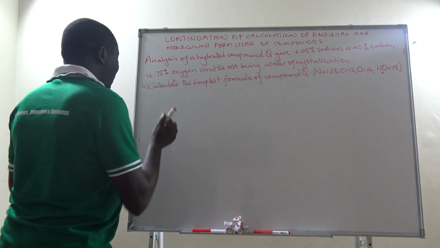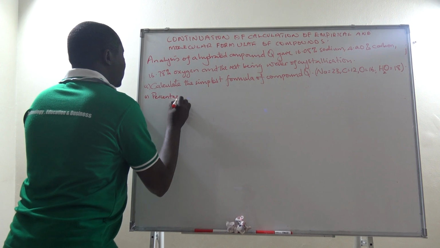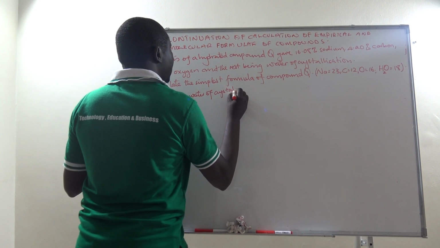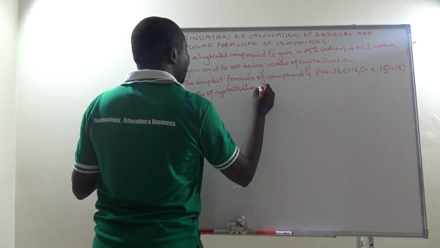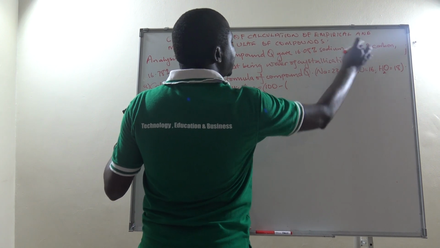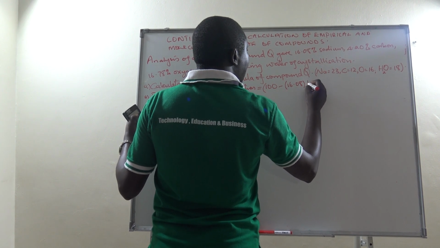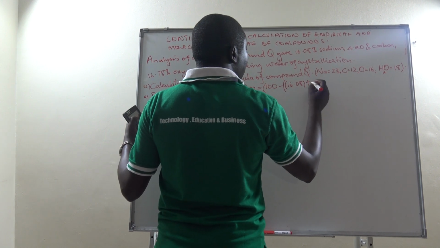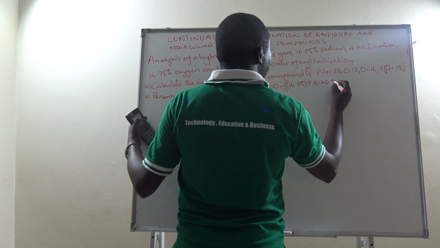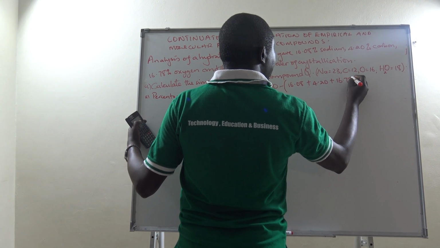In this case, calculating part A, the percentage of water of crystallization, or the percentage composition by mass of water of crystallization, is 100 minus these other masses combined, that is 16.08 plus 4.20 plus 16.78.